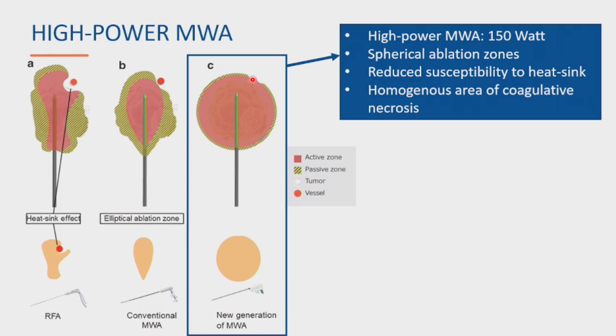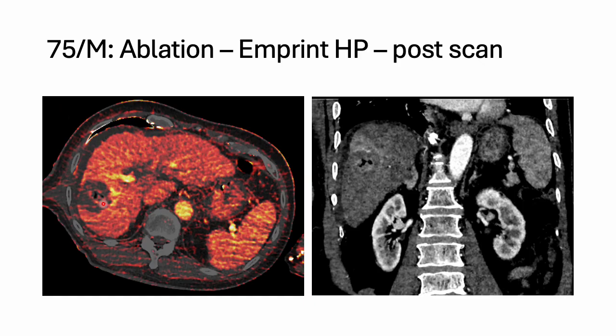The so-called heat sink effect is much less with high power microwave ablation. And as you can see, for RFA, this is really a major limiting factor, the heat sink effect.